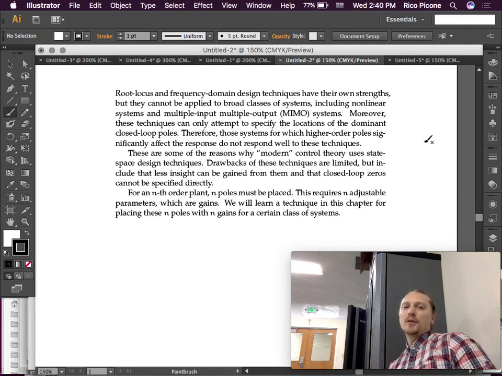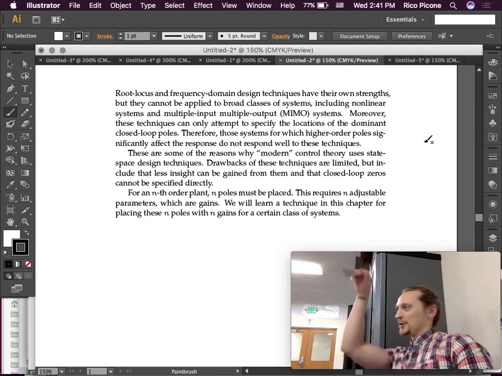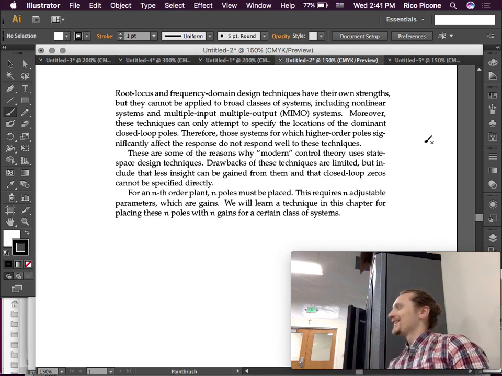For an nth order plant, n poles must be placed for this type of controller design. So if you have an nth order plant, we're going to place all of them where we want. We're just going to say, oh, you have 5 poles, these are where we want the closed loop ones to be, which is nice. This requires n adjustable parameters, which are all going to be gains.